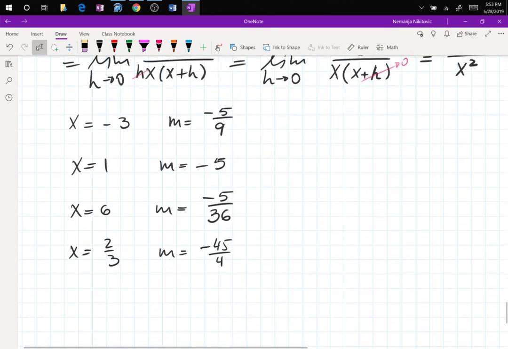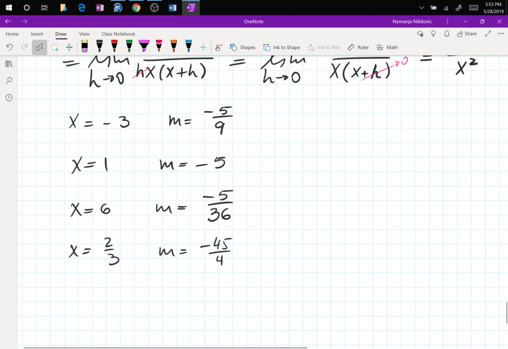Now, since we have a slope and we have a point at which that slope is what it is, we can use those two pieces of information to find the equation of the tangent line, which is the natural extension of this problem.